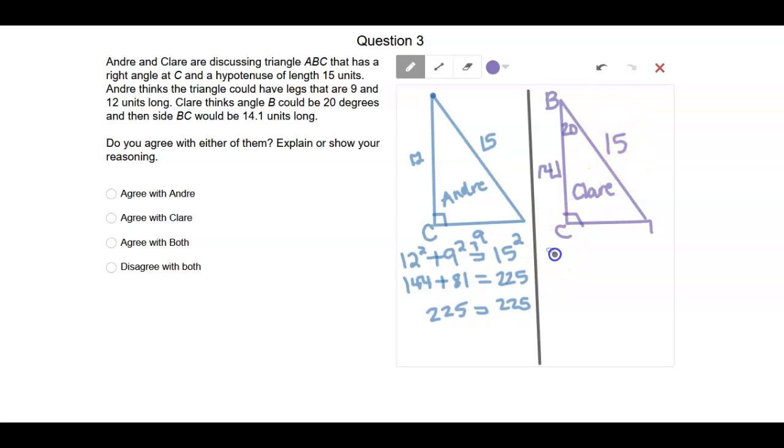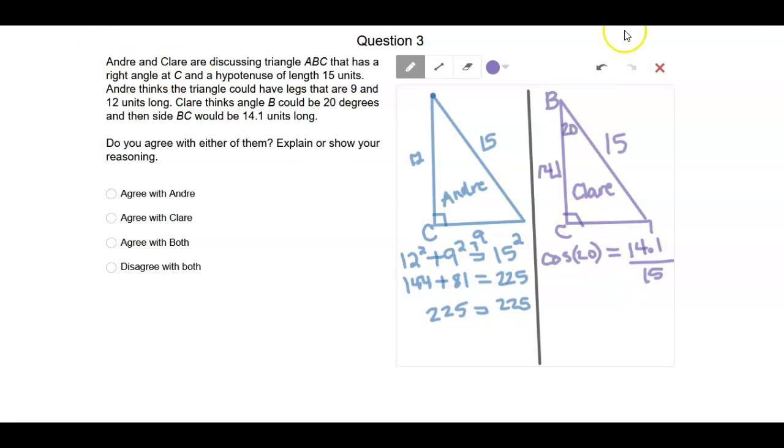So adjacent over hypotenuse is cosine. If the cosine of 20 gives the same thing as 14.1 over 15, then I'll know that this works.